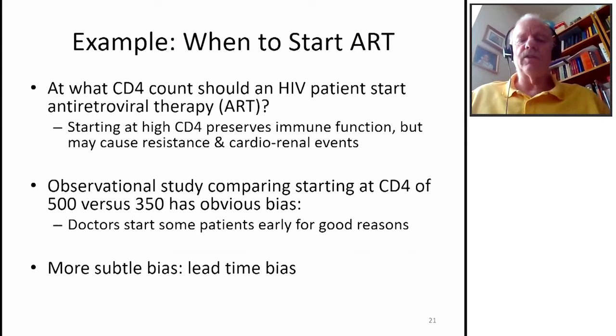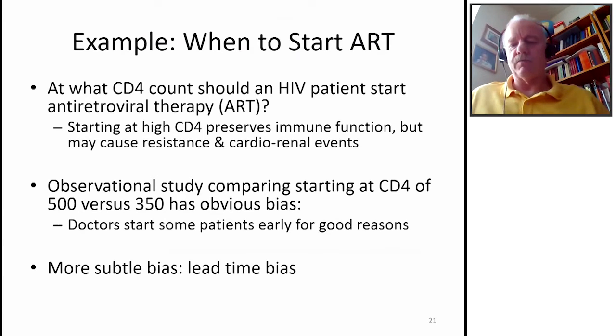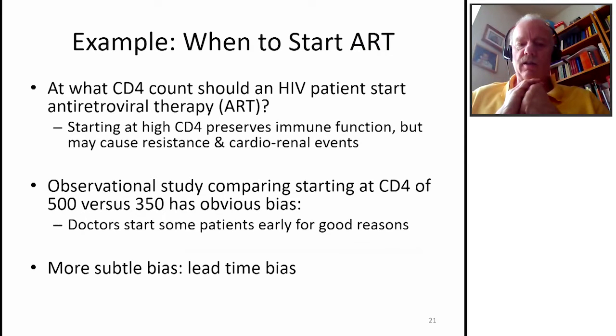So let's suppose that you were trying to do an observational study to compare whether it's better to start antiretroviral therapy when your CD4 count is 500 versus allowing your CD4 count to go to 350. And if you just look at everyone who started therapy at 500 versus people who started at 350, there's an obvious bias, because why are doctors starting some people early?